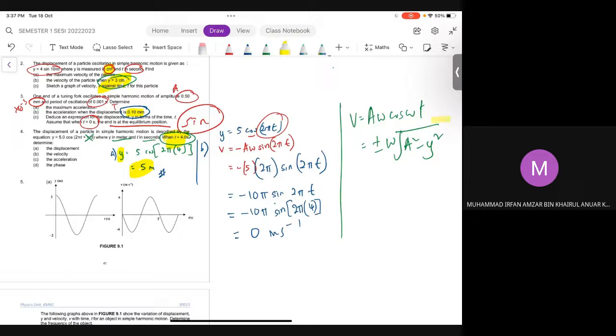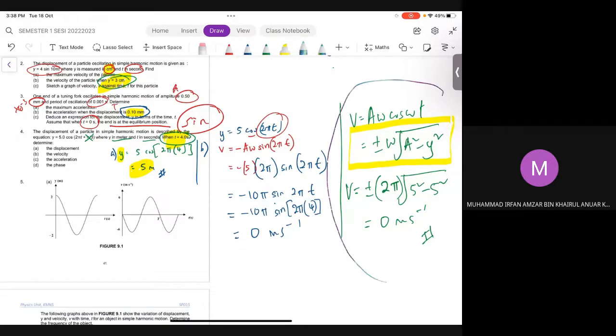So boleh direct terus guna formula belakang ni. Sebab apa? Bila t 4, memang dia akan sentiasa 5 saja. Dia tak akan pergi tempat lain lah. So v adalah sama dengan plus minus omega, tadi 2 pi, darab dengan square root amplitude 5 squared minus 5 squared. So I will get terus automatically 0. So ini adalah cara budak bijak lah.